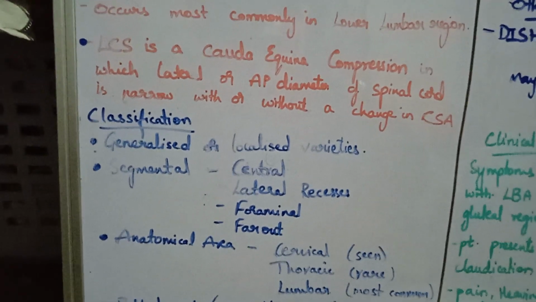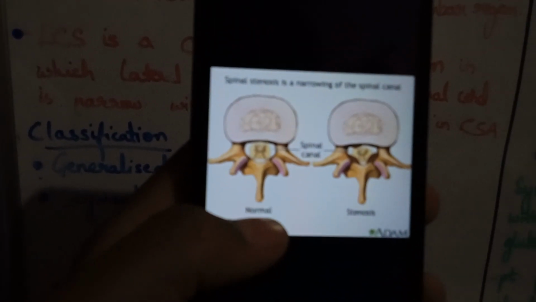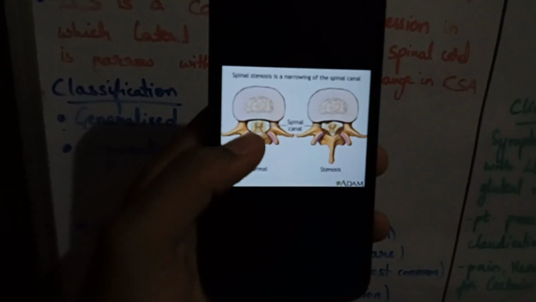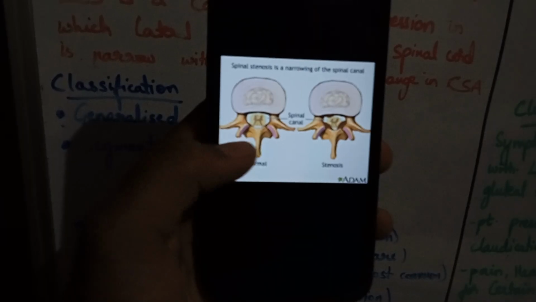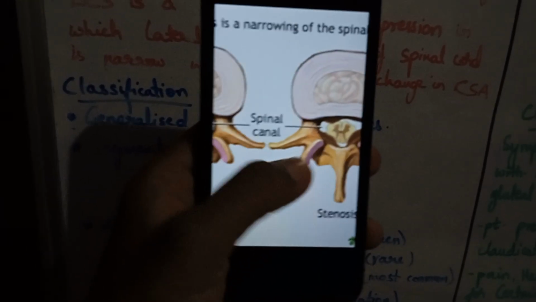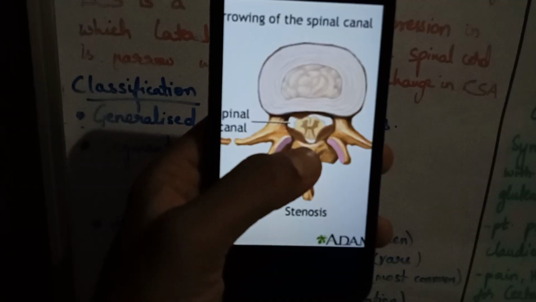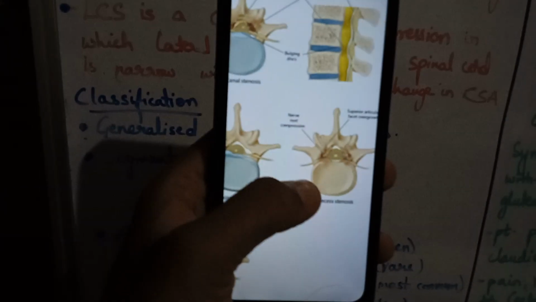Here I am going to show you a picture. Here we see the spinal canal. This is a normal spinal canal, and here we see that there is a stenosis, a compression or narrowing of the spinal canal.